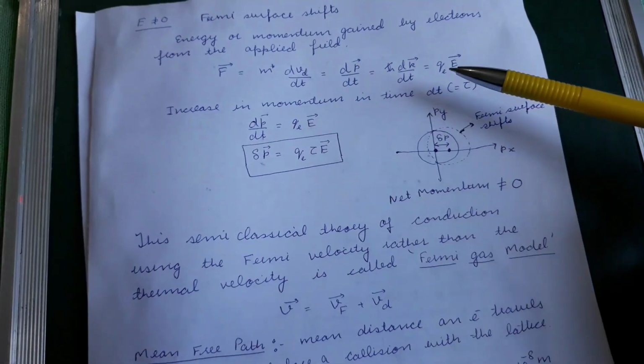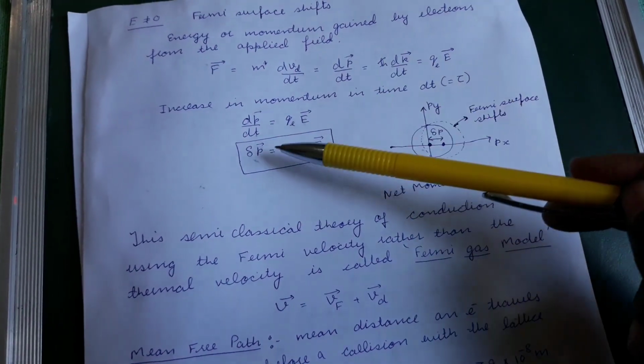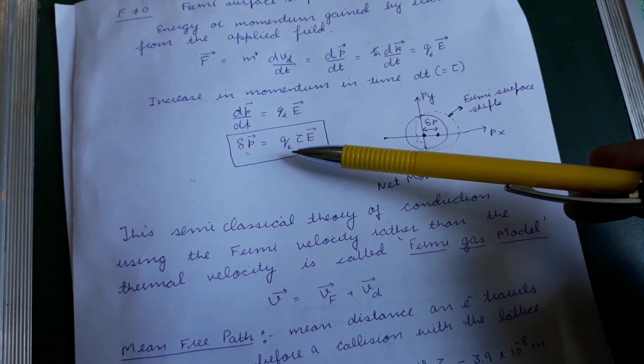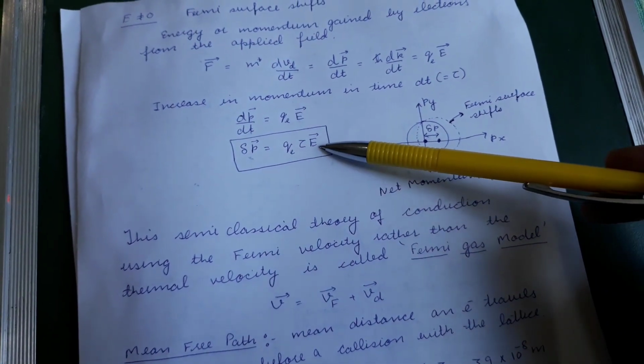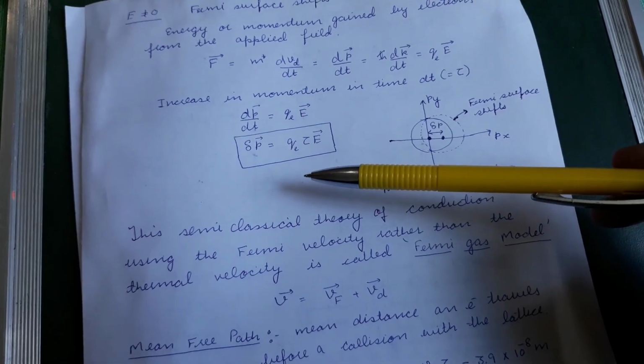So force will be equal to QE because the electric field is being applied. So from here we can find out that change in momentum will be QE tau into E vector, and tau is the relaxation time that we have already discussed.